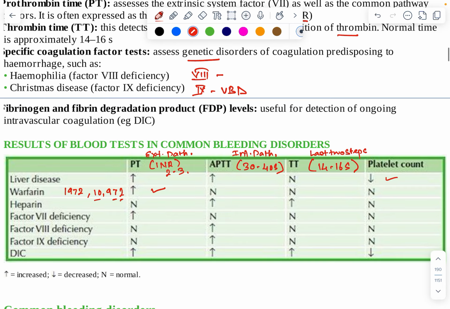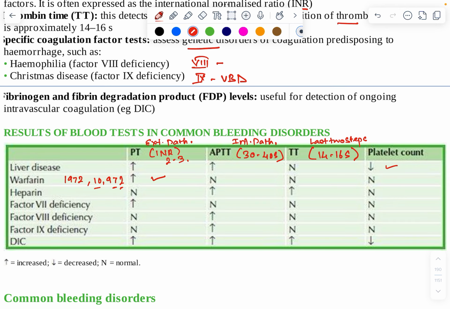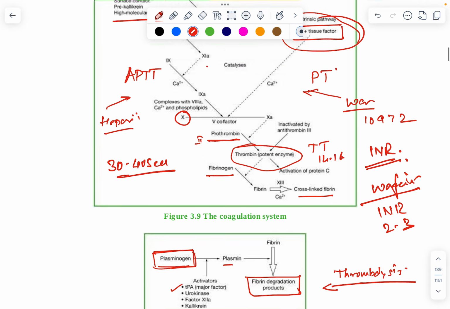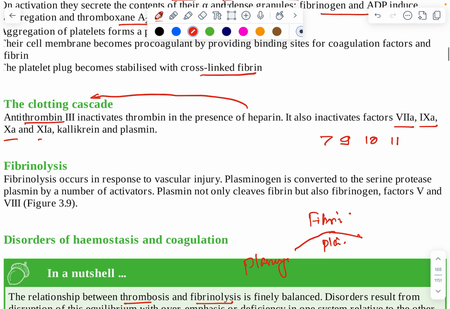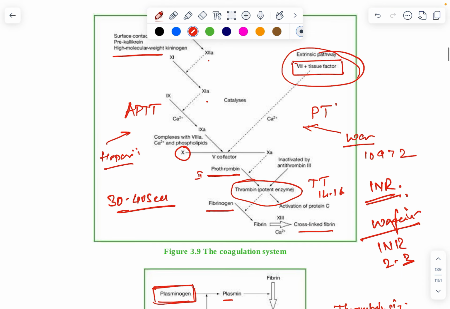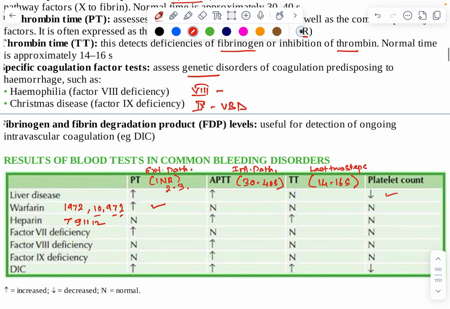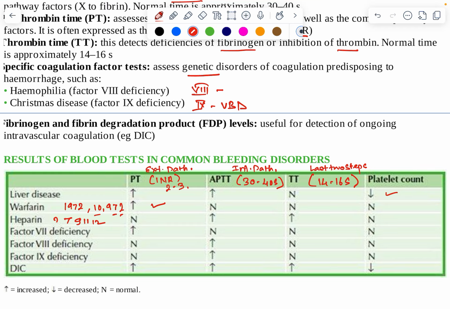If you see heparin, it's acting on 7, 9, 11, 12 as well as 2 also.